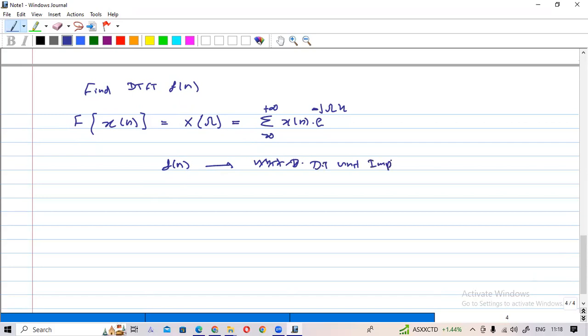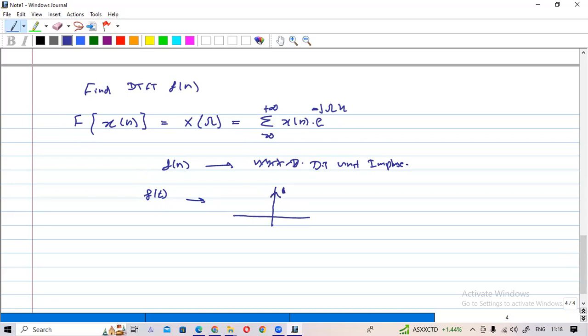The discrete time unit impulse signal is somewhat simpler than the continuous time unit impulse signal. You know that the continuous time unit impulse signal is normally referred to as delta t. It is this kind of signal. We put the arrow here and put one.